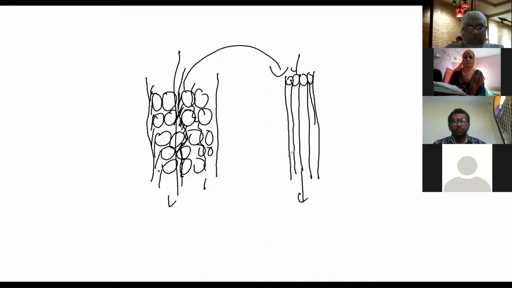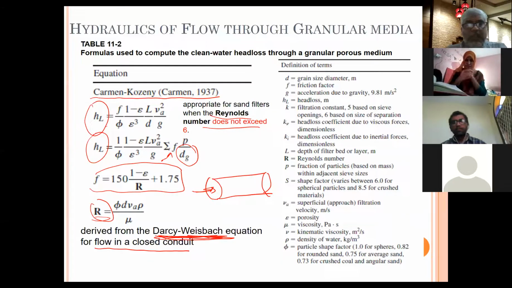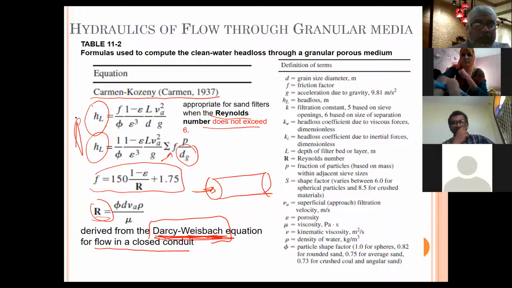So we can apply the same equation, which is derived from the Darcy-Weisbach equation, and this equation is similar to Darcy-Weisbach.